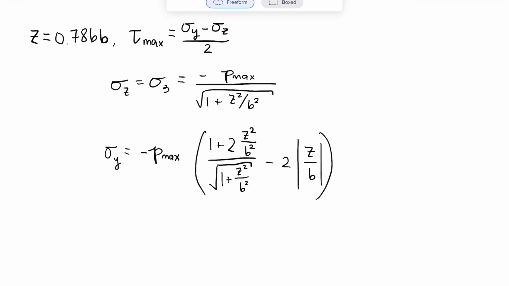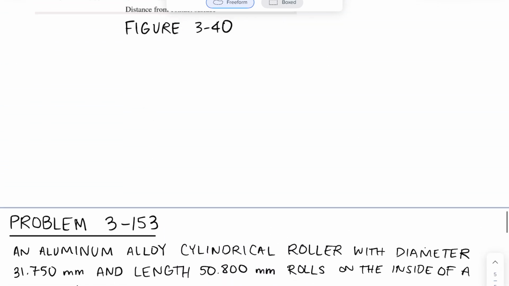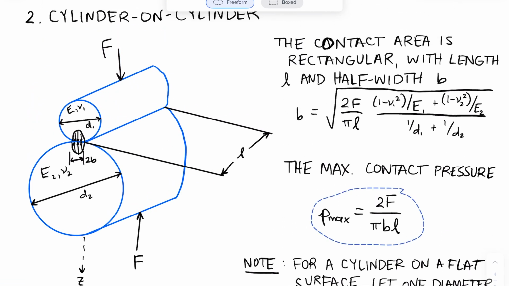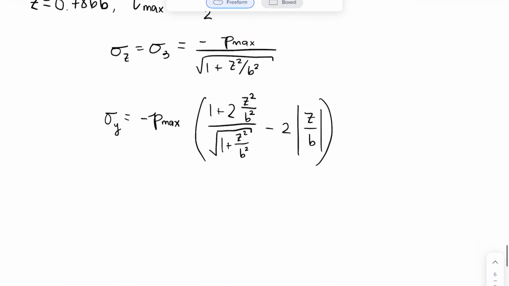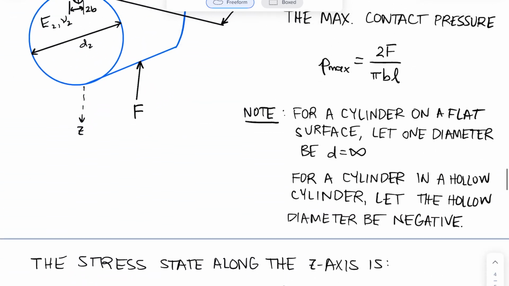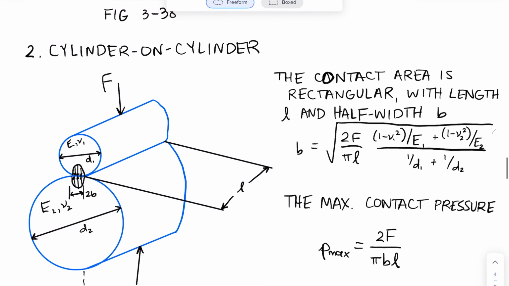All right, so we have enough equations to solve this problem. It's just going to now be a question of working through it all. So let's copy our equations for maximum contact pressure, and the half width of contact area.